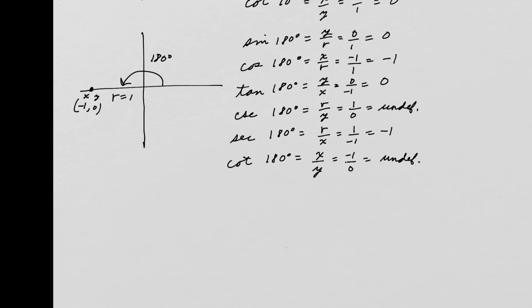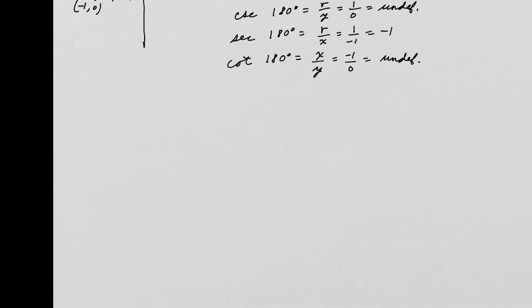Okay, and then finally, 270 degrees. So that would be down here, right? So if this angle were 270, and again, we say r is 1, then this point right here would be what? It would be (0, -1). Right? That'd be x, y.